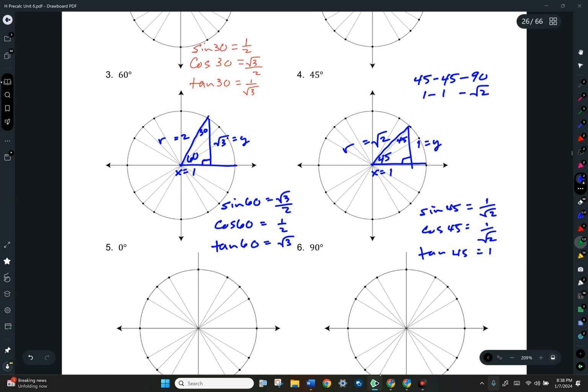Now, something I do want to mention is that we don't normally care that much about rationalizing, but the one that is generally always rationalized is this 1 over square root of 2. I don't know why this one and not others. So if we rationalize, multiply the top and the bottom by square root of 2, we're going to think of this as square root of 2 over 2. All right, so let's fill that into our chart.